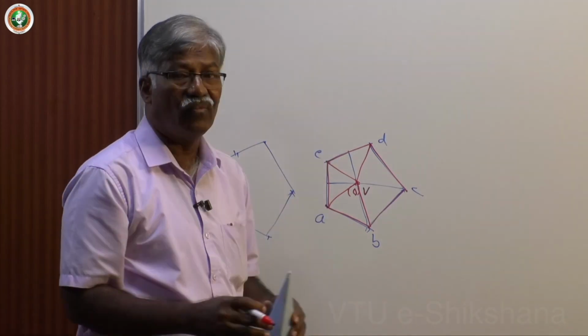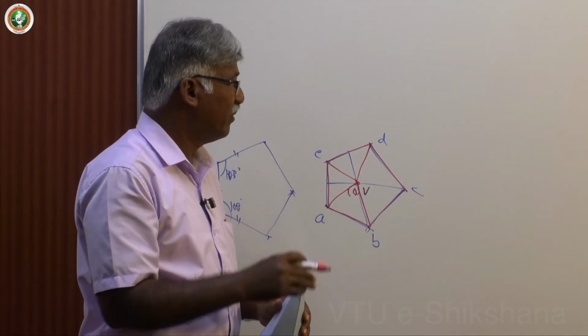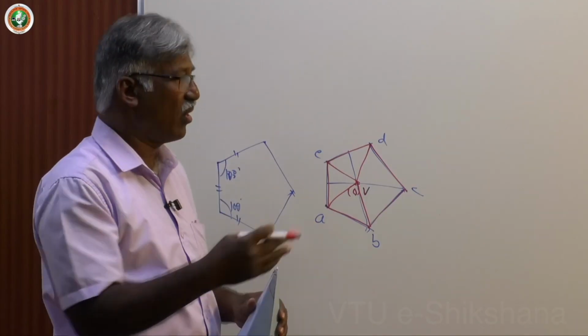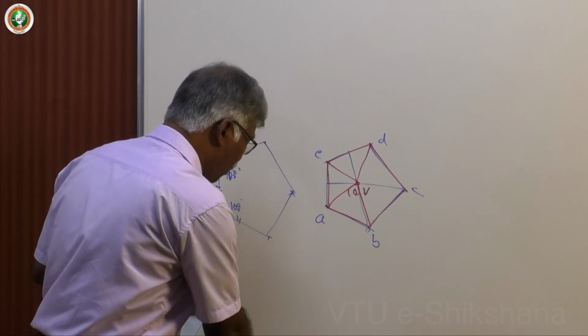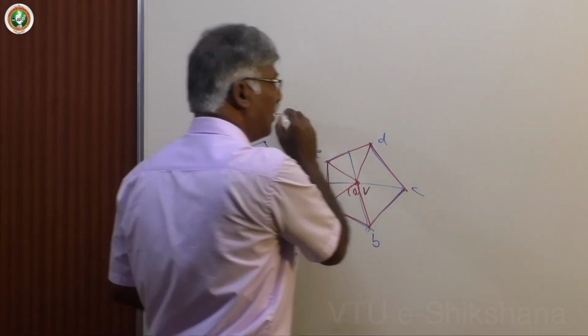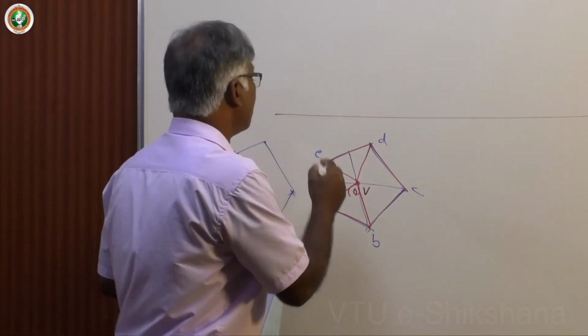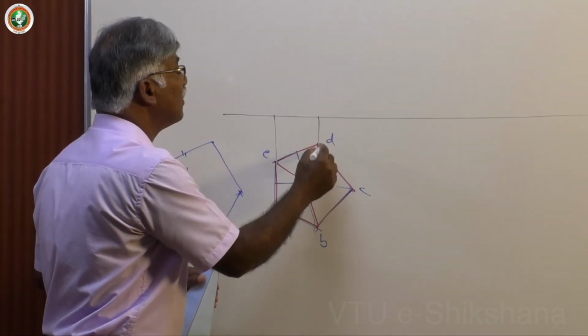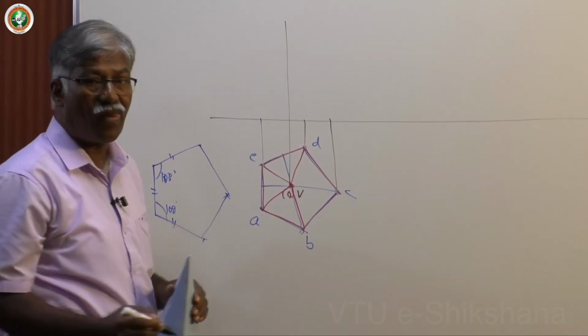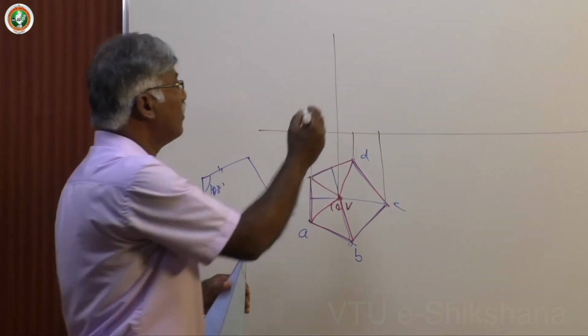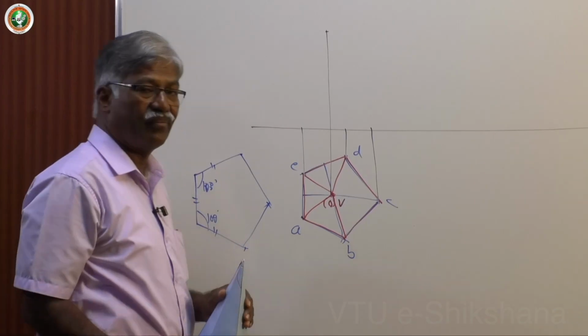Then fix the views, front view and top view, according to the requirement. This is how you have to draw. Now, in this position, how to draw the front view? Project all these points and project this also, and fix the height 60 mm.